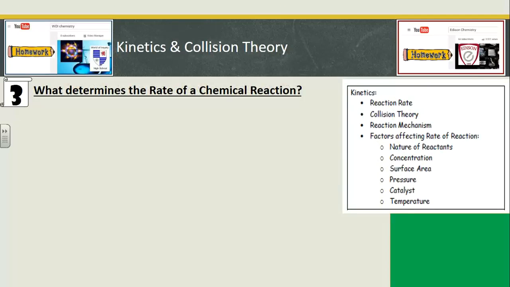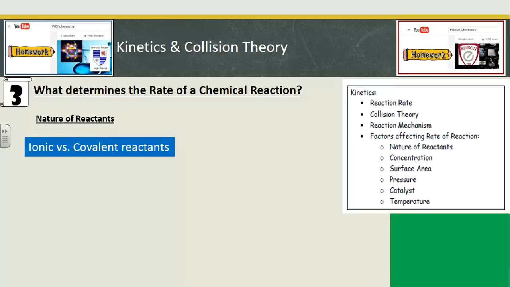Here's kinetics, reaction rate, collision theory, reaction mechanism, and factors affecting the rate of reaction. We've got 6 factors. Nature of reactants: ionic compounds react faster than covalent compounds. That is just the nature of the different classes of compounds.